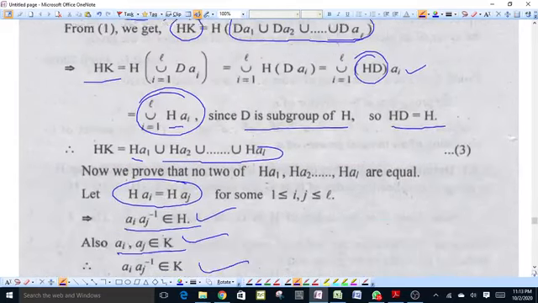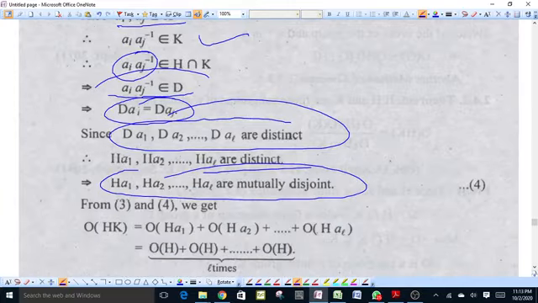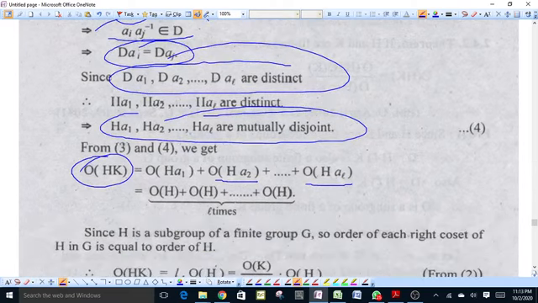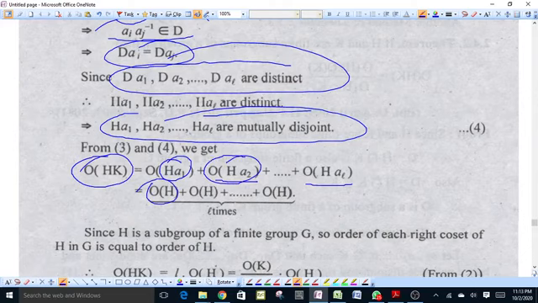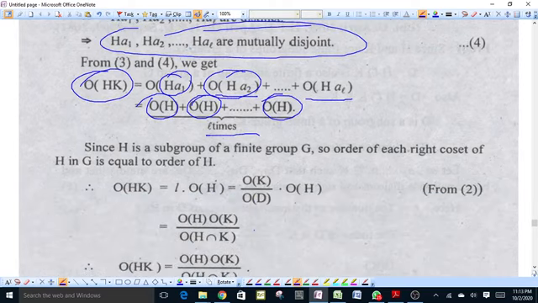If these are mutually disjoint, therefore the order of HK will be equal to order of Ha1 plus order of Ha2 plus ... plus order of Hal, and order of Ha1 will be equal to order of H, and this is also equal to order of H, l times, because H is a subgroup of finite group G, so the order of each right coset of H in G will be equal to order of H.